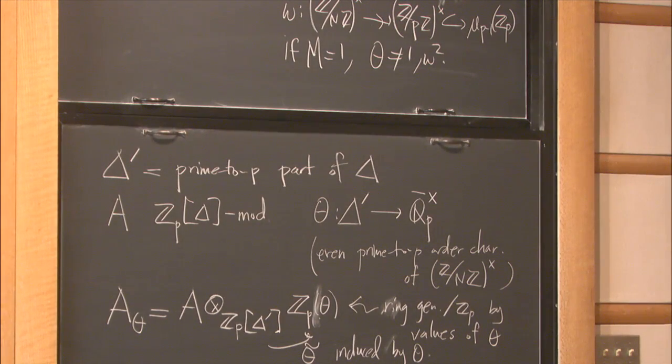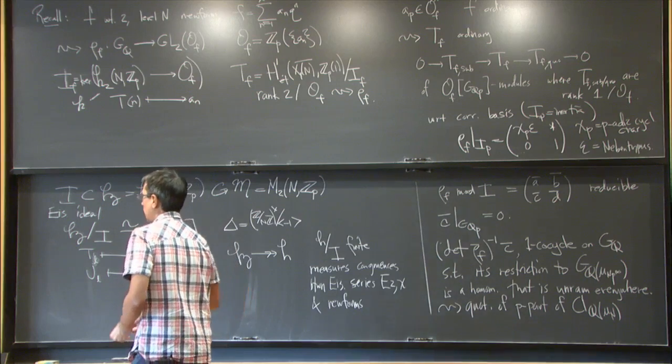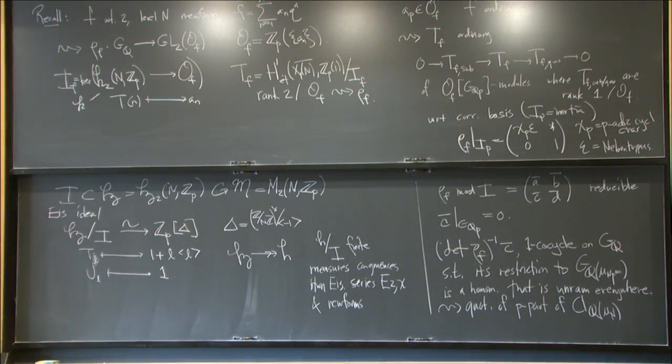OK. So great. Now H in particular is a Z_p delta module, right? So H is a Z_p delta module.